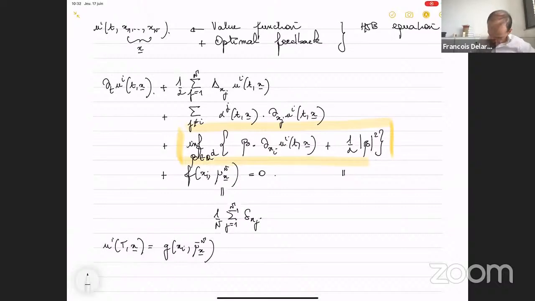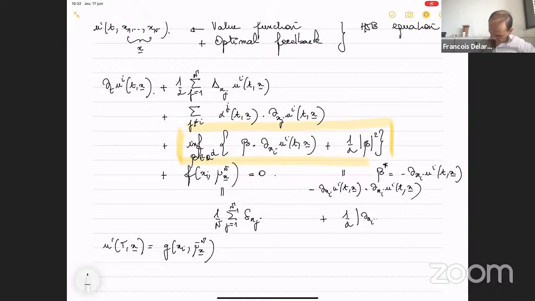And I know that the best beta, the beta star, if you want, the optimal one, is minus d_xi u^i(t, x underline). So I get exactly, at the end of the day, minus d_xi u^i(t, x underline) acting on itself, plus one half the same thing.